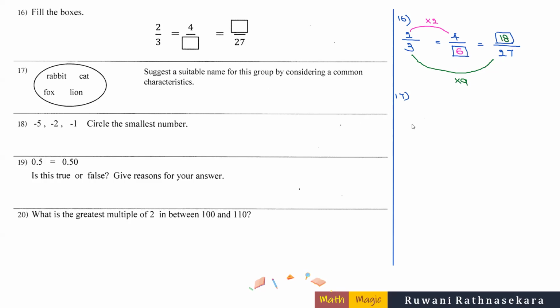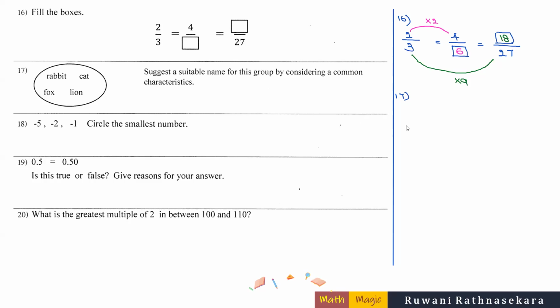Suggest a suitable name for this group considering a common characteristic with a rabbit, fox, a lion, cat, right? Actually, here the omnivore, herbivore, carnivore are mixed. The main characteristic they have in common is they have 4 legs. Right?